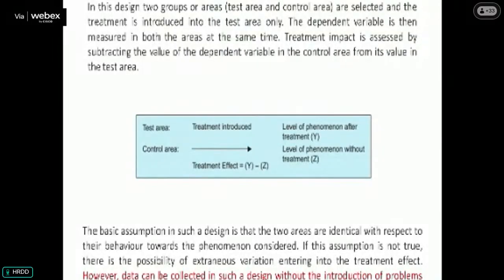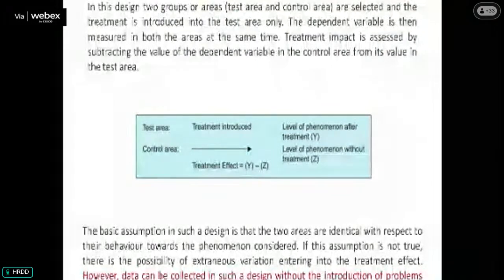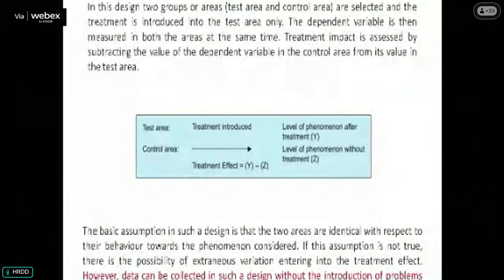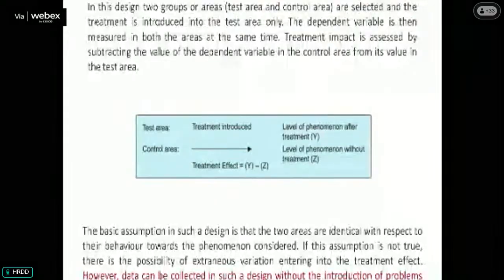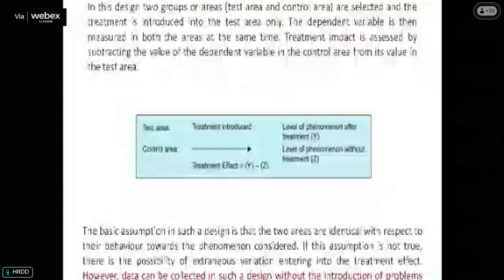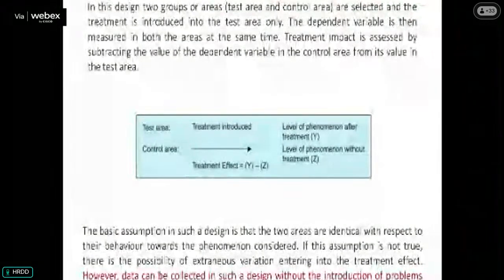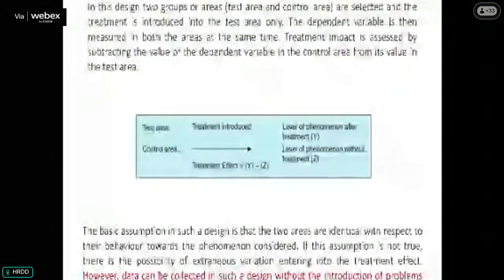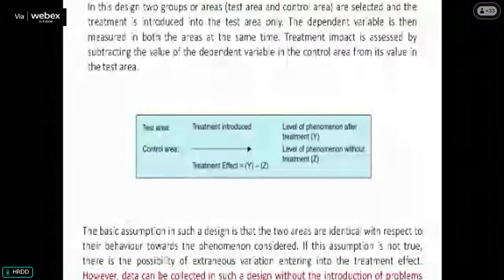You have two types of areas: one is the experimental area where you are manipulating the independent variable, which is one of the variables proposed in the hypothesis, and dependent on it is another variable, the dependent variable, which you are measuring. So you are finding out the effect. Previously you could find the effect by a single area with before and after measurement. Here you are measuring only after the treatment is introduced. So this is the second type of design.